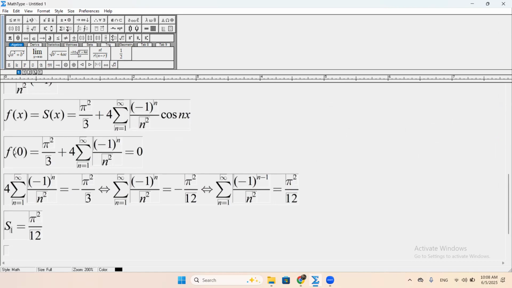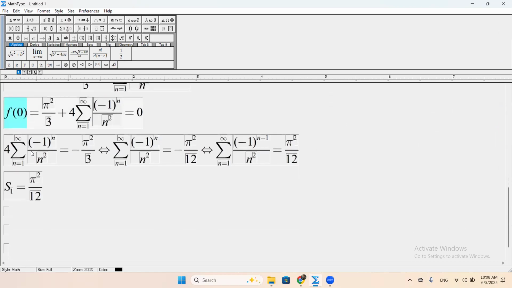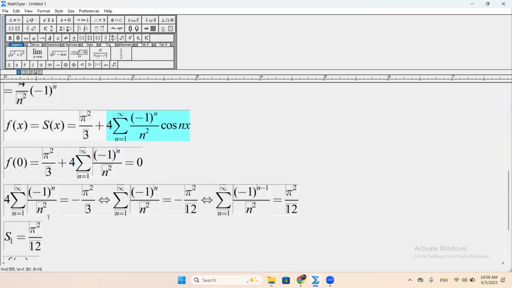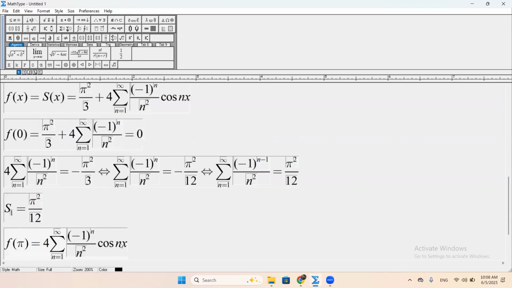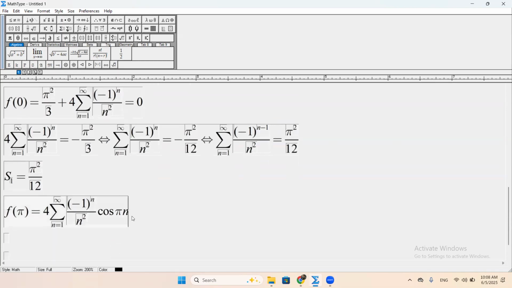Let's calculate the value of f at the point p. So f from p will be equal to p, here I receive cosine of Pn, and cosine of Pn actually equals minus 1 in power of n.